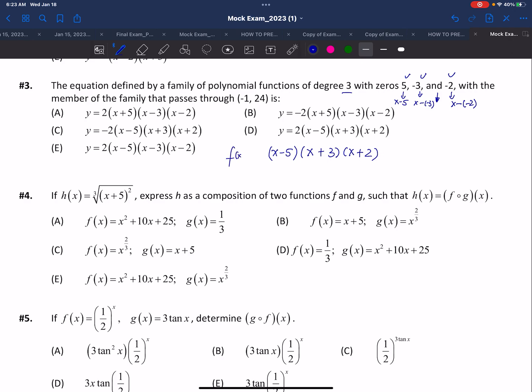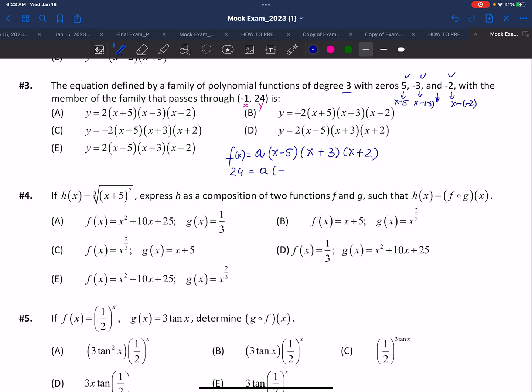But remember that in this question, you are also given a point. So that will help us find the coefficient a. And the coordinates of this point, x equals negative 1 and y equals 24, will be substituted in the equation for respectively x and y, or x and f of x. So we'll write 24 equals a.